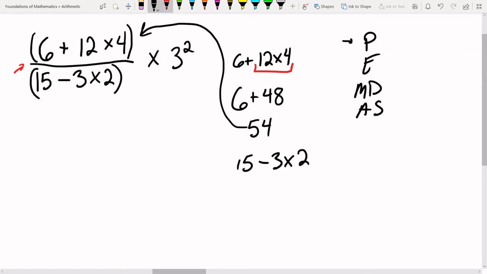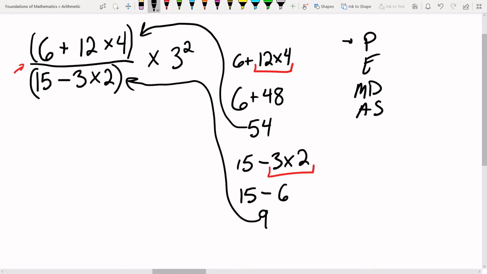Is there parentheses? No. Is there exponents? No. Is there multiplication division? Yes, so let's do that first. 3 times 2 is 6. And of course, the last thing is subtraction here. 15 minus 6 is 9. And that goes on the bottom.